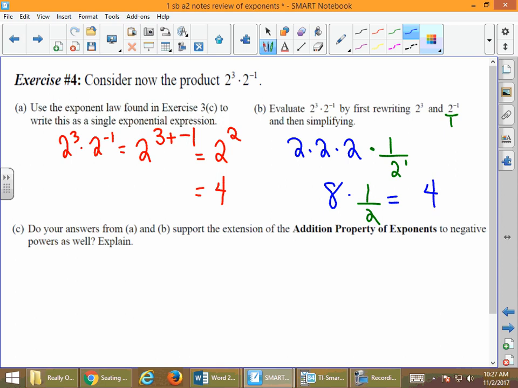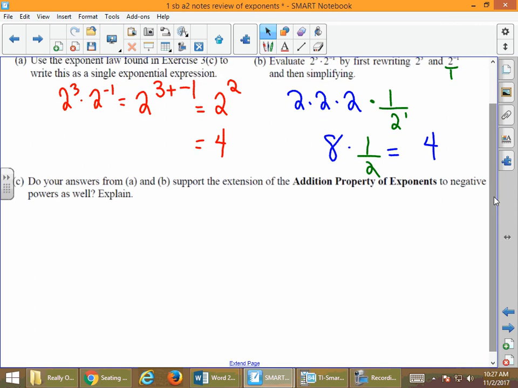So when we look at part C, do our answers from A and B support that the rule applies to negative exponents? And it does. And I want to write a little bit more here. But yes.